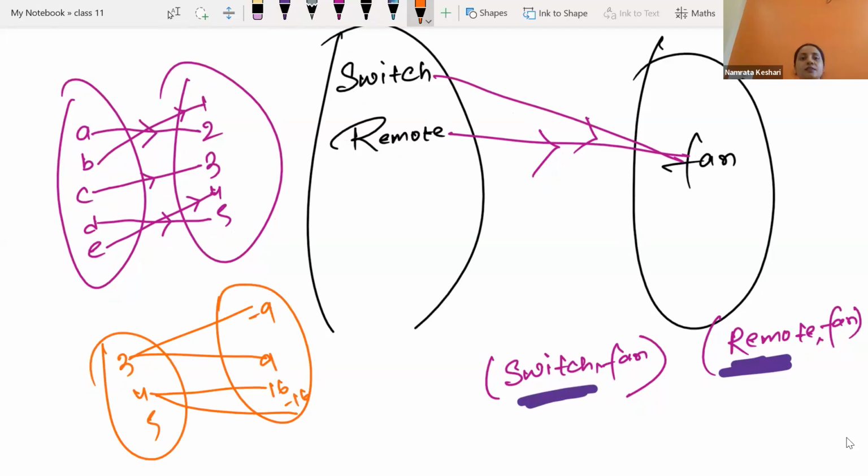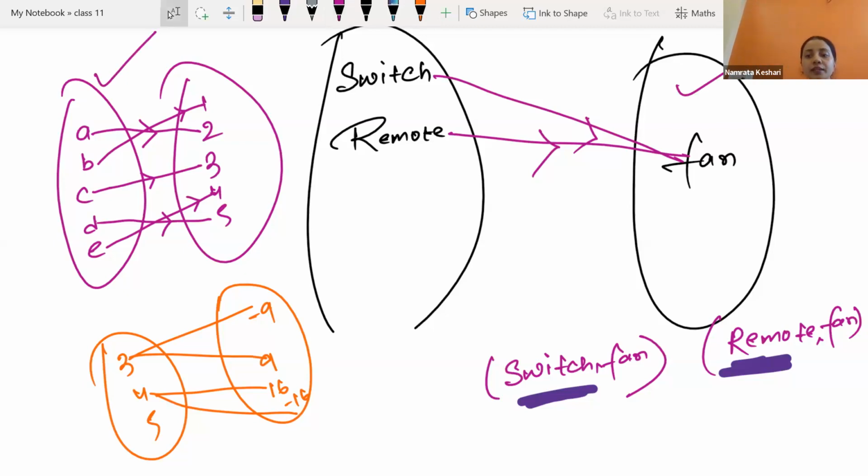If this is the case, one input is generating two outputs. If that is the case, then it is not a function. Making sense? Yes, ma'am. Okay, so this is a function. It is completely allowed.